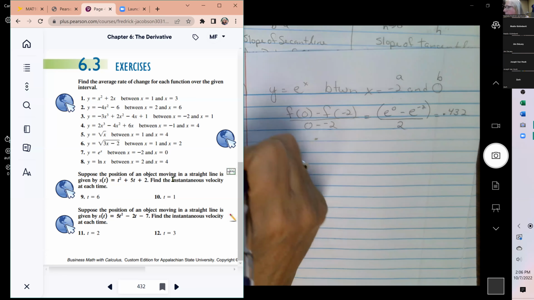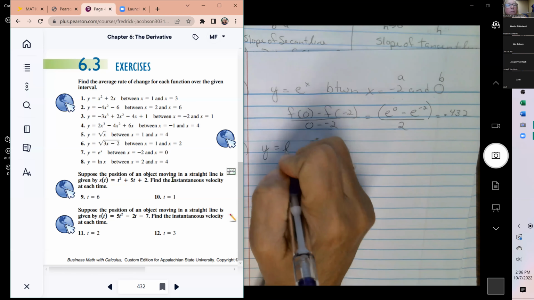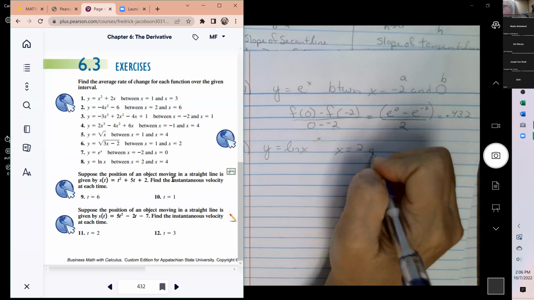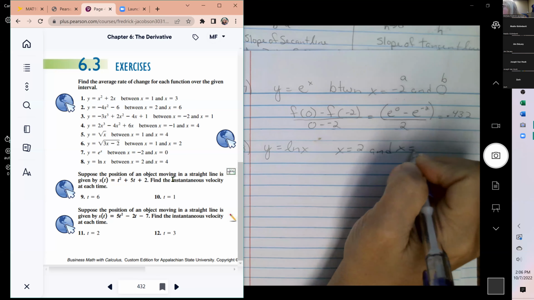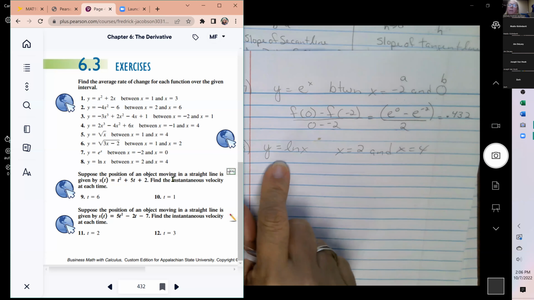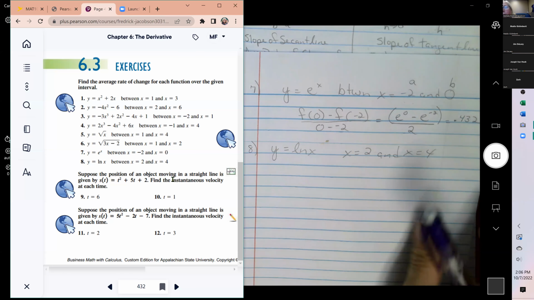Try number 8. So we're finding the natural log of x as we're going from 2 to 4.